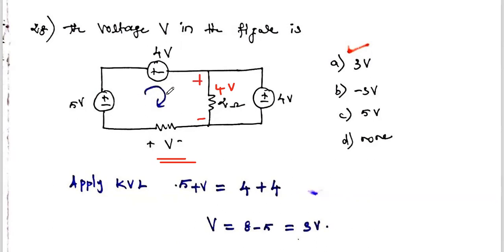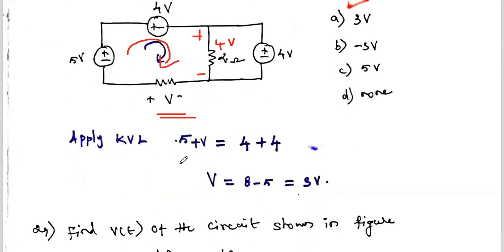So if we apply KVL to this loop, according to KVL, going from minus to plus is a voltage rise, so 5. Then coming here, plus to minus, it is a voltage drop, 4. Then coming here, minus to plus, voltage rise. So voltage rise you write on one side, voltage drop on the other side. So 5 plus V is equal to 4 plus 4.